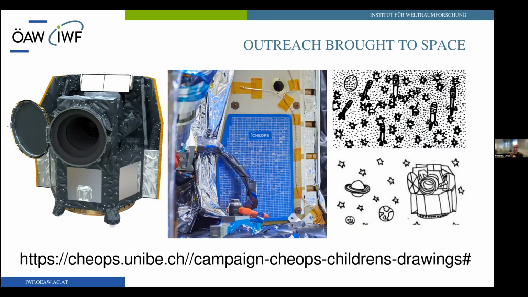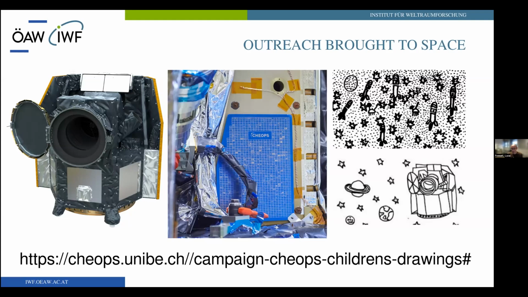One thing that I find very interesting and very nice about this mission is that we have brought outreach directly into space. ESA ran a competition across the ESA countries for children's drawings.